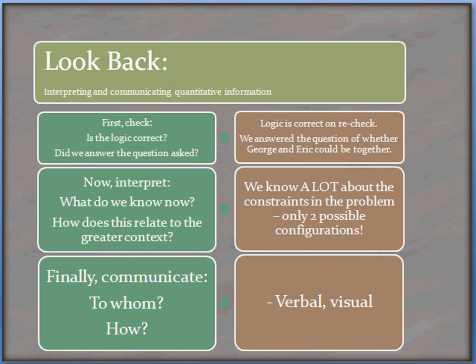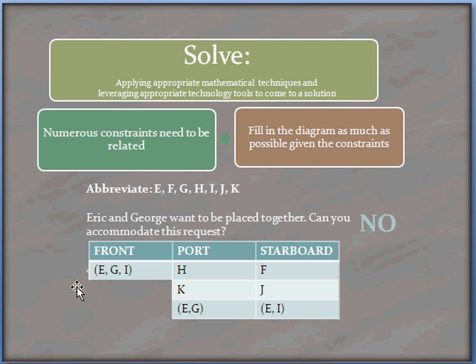Now let's interpret. What do we know, and how does this relate to a greater context? We know a lot about the constraints of the problem. We realize, in fact, that there are only a few possible configurations. Look again. If we know who is in the front of the boat, for example, say it's Eric, we then know who's in the port side of the boat. It must be George. And who's on the starboard side? It must be Ian.